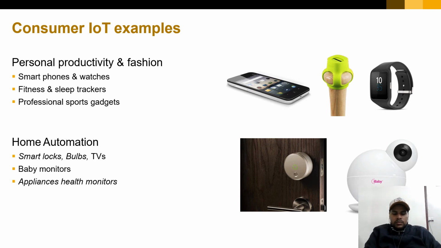In smart locks, you have a biometric of some sort, or face detection technology is used. In smart bulbs, the sensor detects whether you are present in the room or not. If someone is not in the room, it will automatically turn off.